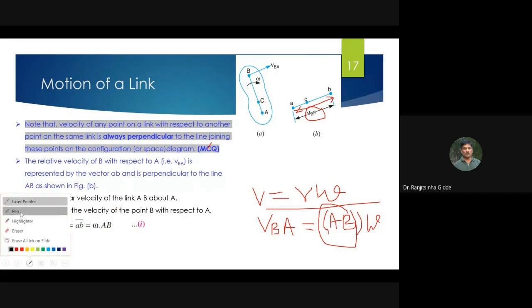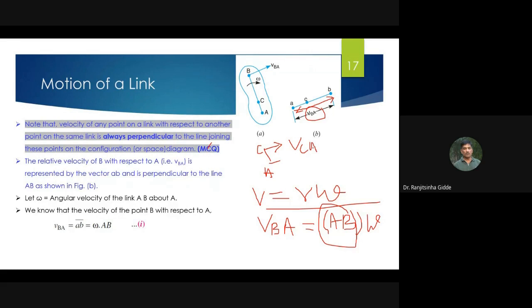So again, I will take this part. Here it is A, here it is C. Again, we are going to show VCA, and it is denoted with this ac in the same direction.